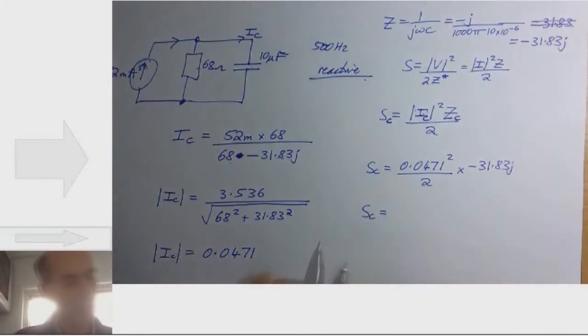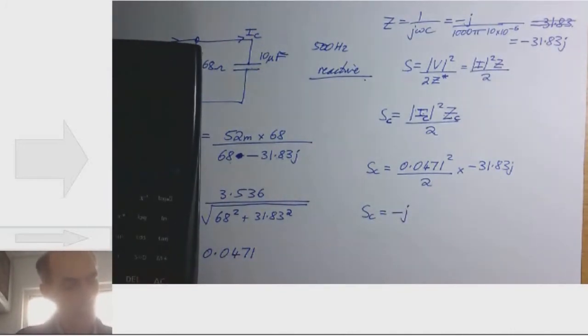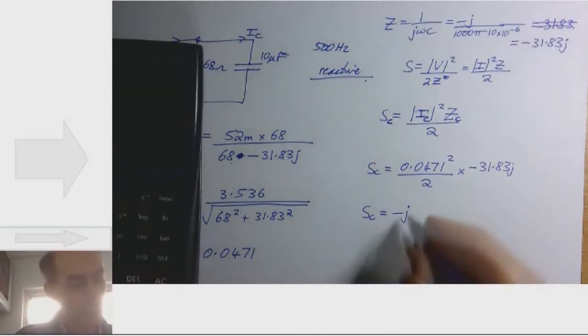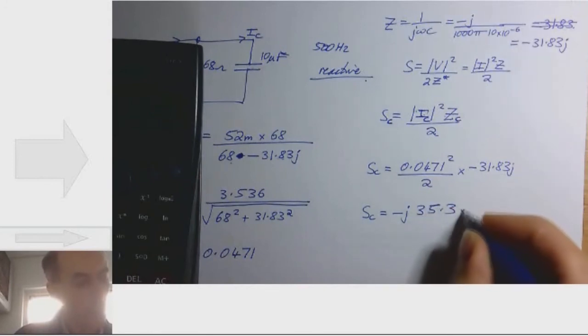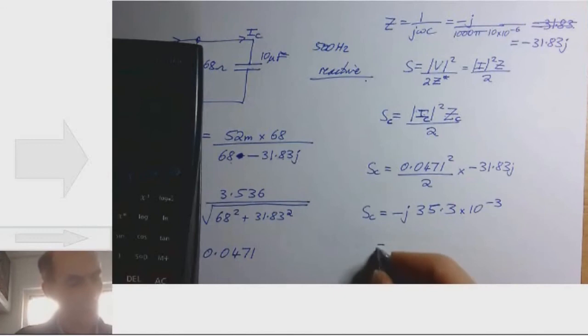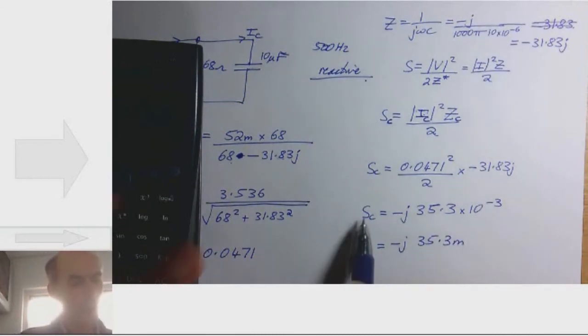That lot then works out to be minus j 0.0471 squared divided by 2 times 31.83, which is 35.3 times 10 to the minus 3. Or I would write that probably as 35.3 milli. Now, that's the complex power.